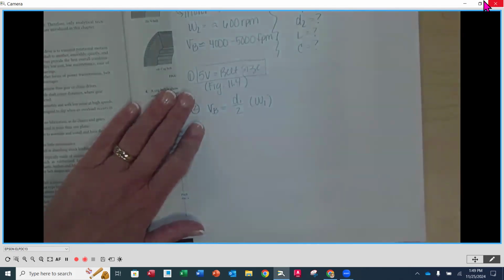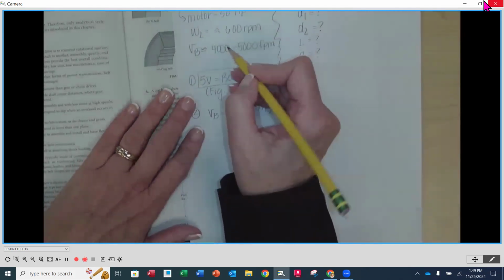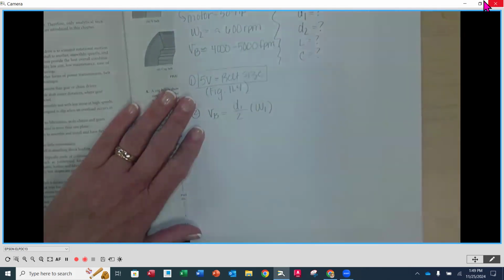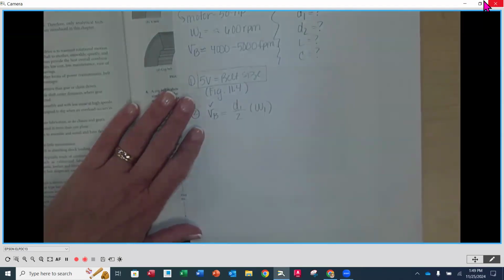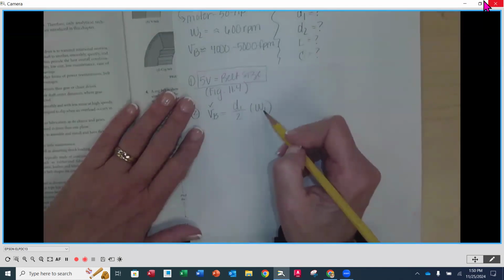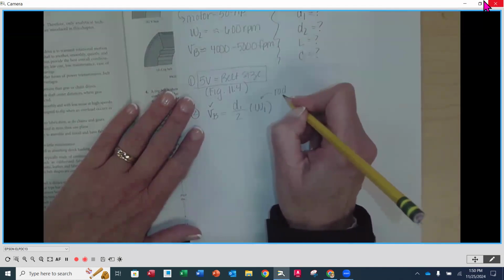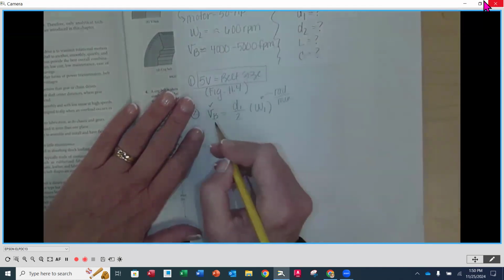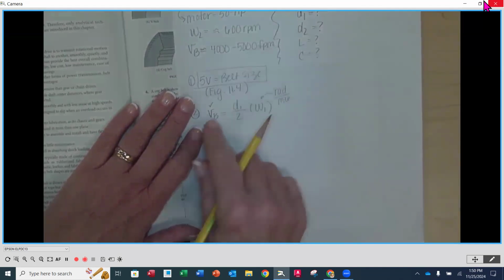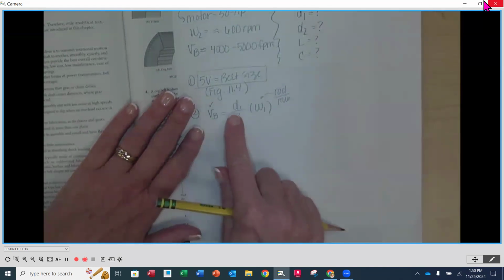Now, we know VB is supposed to be between 4,000 and 5,000 feet per minute. So we know this value, all right? We know W1, but remember, this has to be in radians per minute because we want this to be in feet per minute, right? So our only unknown here is D1.